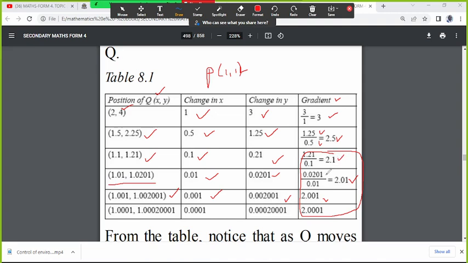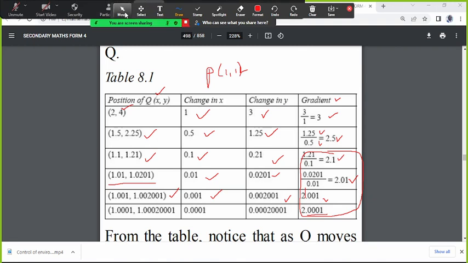And as we move very close to P, only the decimal points are changing, but the value before the decimal stays the same, 2. So it is almost the same. Let's now do some conclusion.